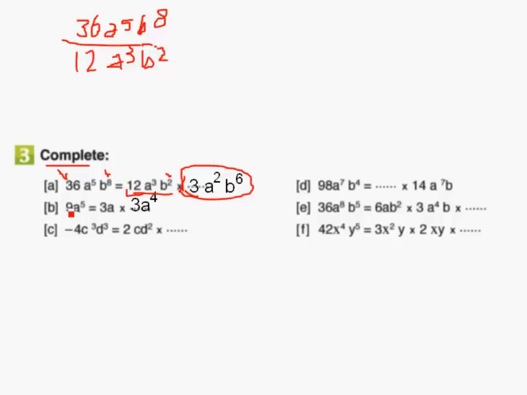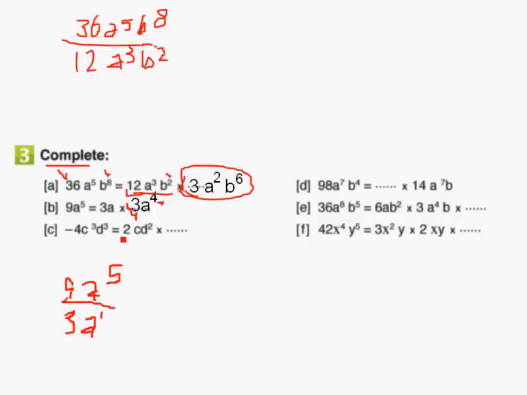Also b, you have to make division of 9a to power 5 divided by 3a to power 1. 9 divided by 3 is equal to 3. a to power 5 divided by a to power 1 is a to power 5 minus 1, which is a to power 4.